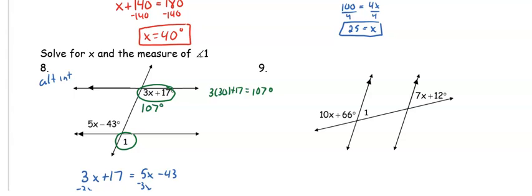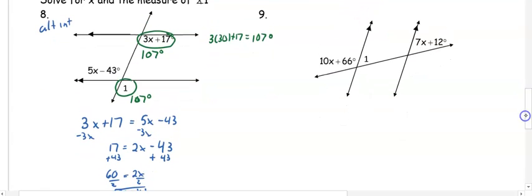Because angle 1 and 107 are going to be congruent angles, since they are corresponding, the measure of angle 1 is then 107 degrees.